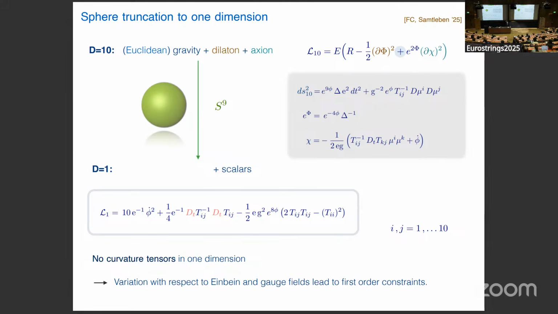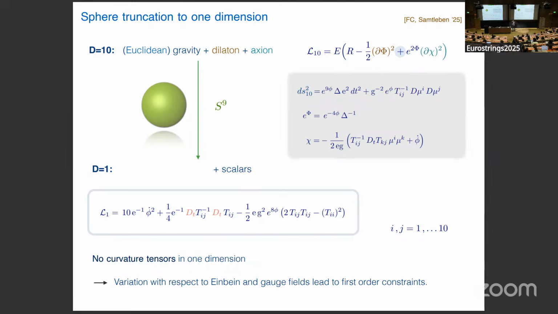So the starting point is we take a subsector of Euclidean type IIB supergravity where you only have, well, this is the Lagrangian, you just have the Ricci scalar, and then you have the dilaton and the axion. The fact that you have now switched to Euclidean signature flips the sign of the axion kinetic term, and this is what allows a flat space solution, because the energy-momentum tensor between the axion and the dilaton can actually vanish.